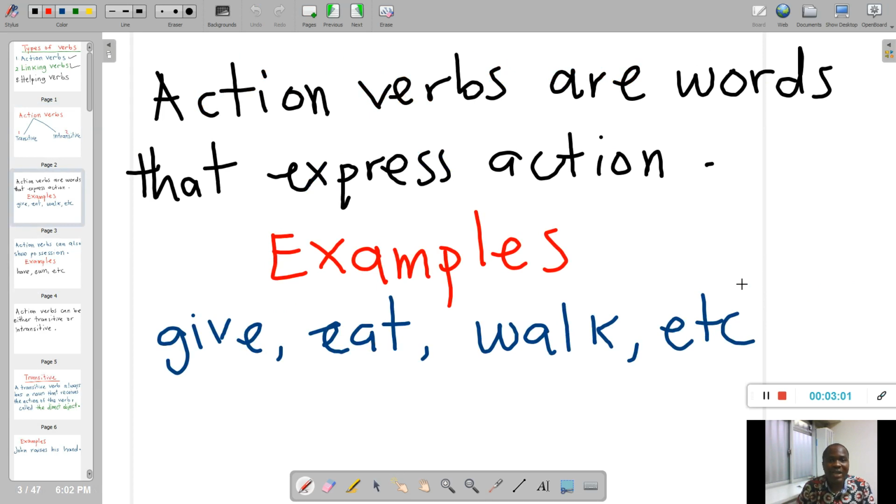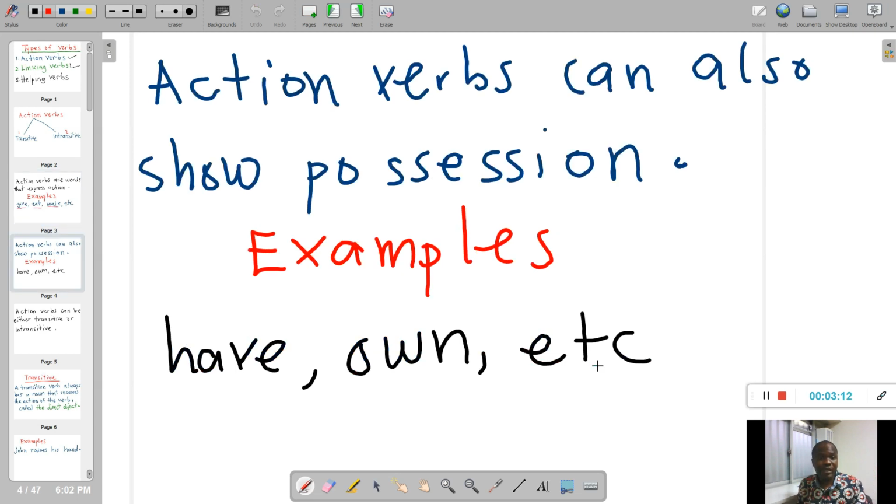We are saying the action verbs are words that express action. We said that, so I will give examples: give, eat, walk, and the rest. Let's go to the next. Action verbs can also show possession. With possession, we have examples like have and own. So these are the two basic examples.